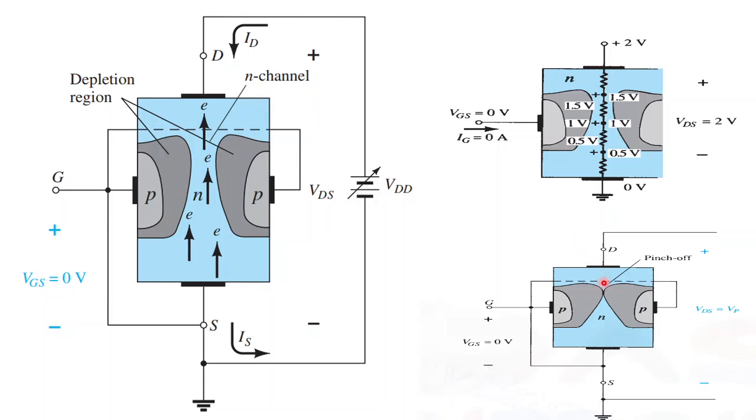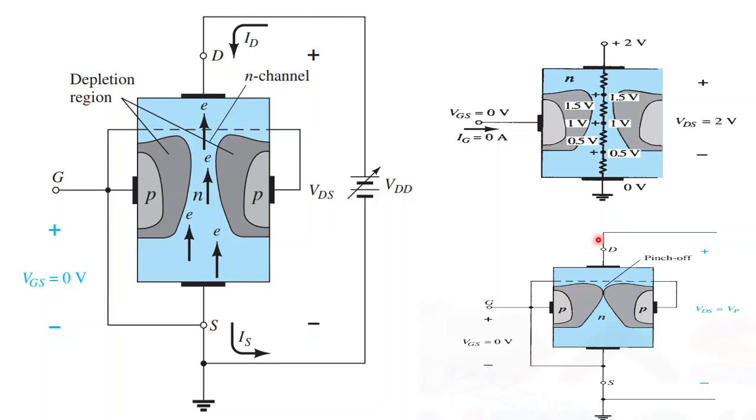But in that case, the resistance density here will get higher, so at last the current flowing from here will come to a saturation level, which is called IDSS.